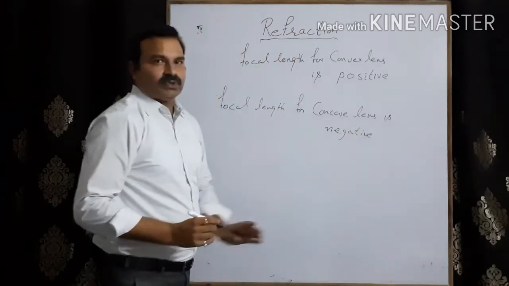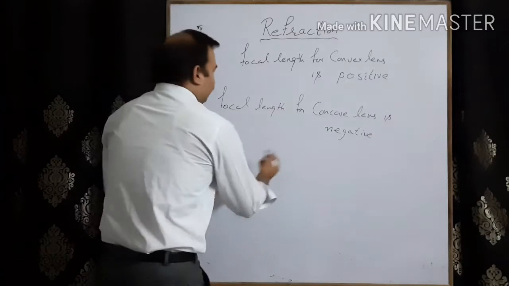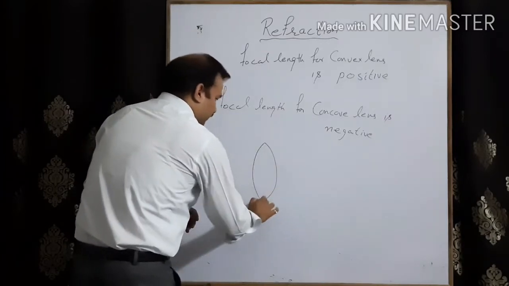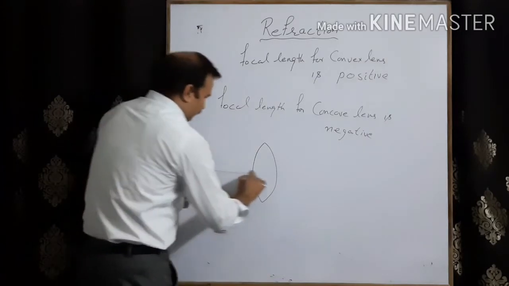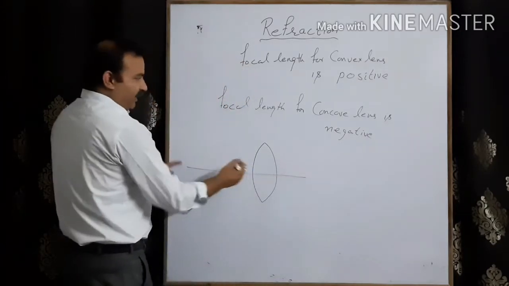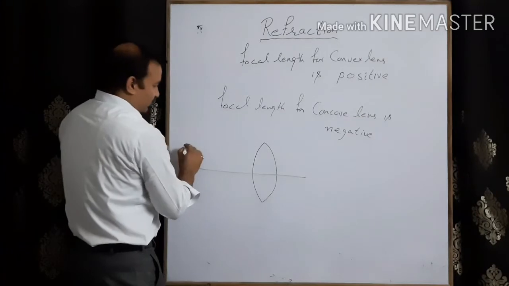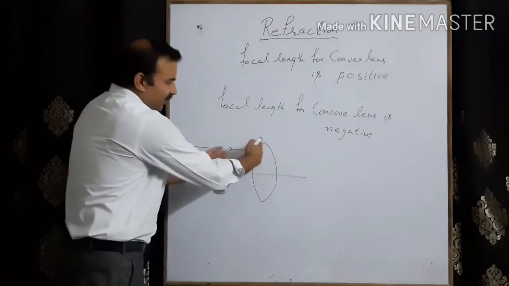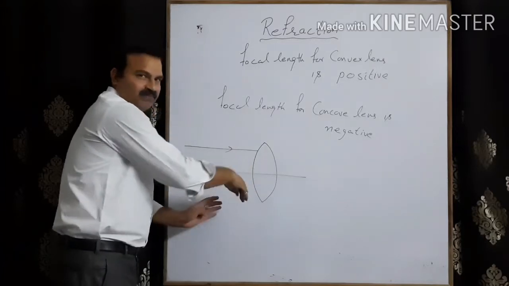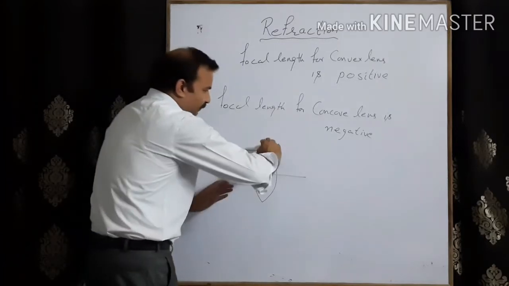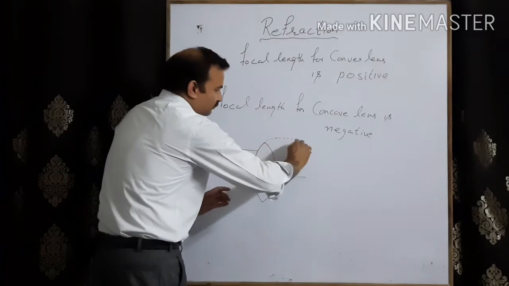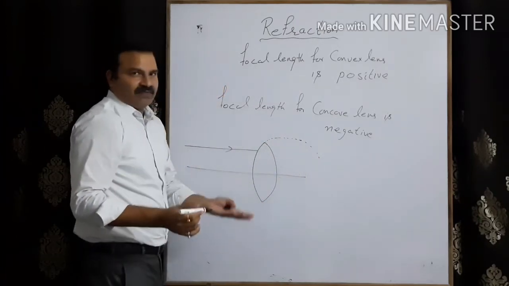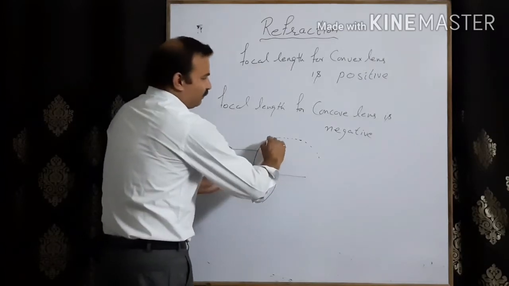See why it is so. Please have a look. If I draw a convex lens, this is the principal axis. A ray of light comes from the left side, and this is falling on the left side part of the sphere. What is a spherical lens? This is a part of a sphere, a combination of two spheres.